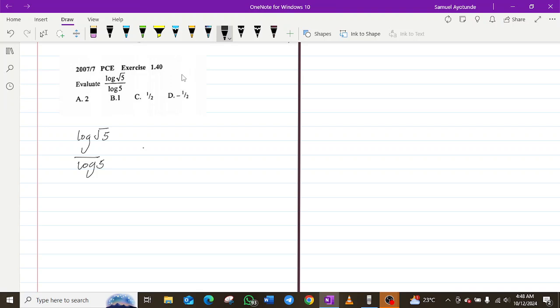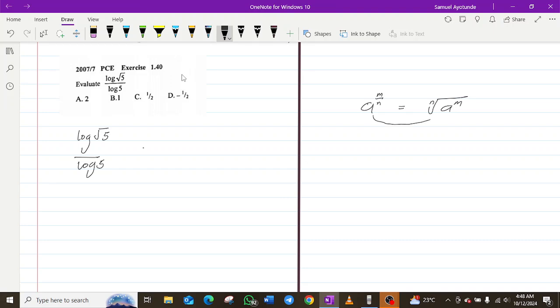So like I said the other time, I was saying something about fractional power, a raised to power m over n. I said the denominator of the fraction will become the root, while the numerator will become the power.